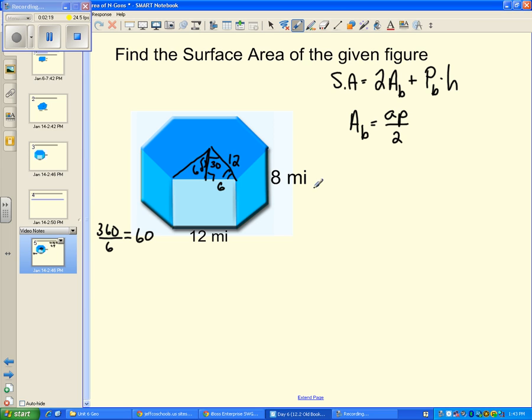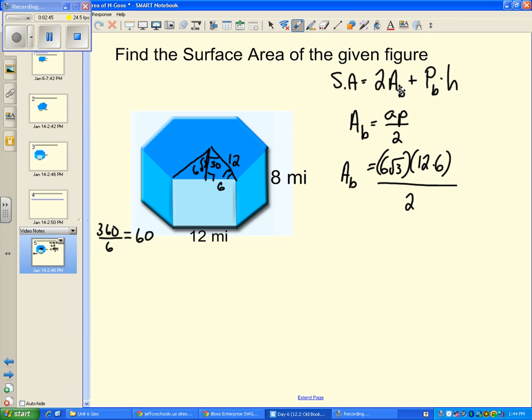So now the area of my base is going to be 6 root 3 times the perimeter of the base. Well, the perimeter, all the sides are 12 all the way around, and there are 6 of them, so it's going to be 12 times 6, and we'll divide that by 2, and that will just be the area of the base. Now, I could not divide by 2 here, because I'm going to end up multiplying by 2 in the original problem, and that would give me the area of both bases.